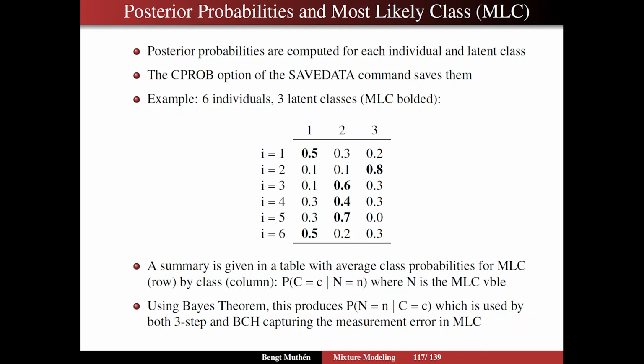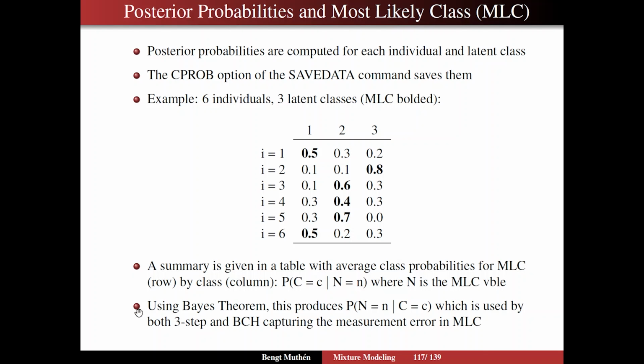So that is the top table of the 3 tables that we showed on slide 39 from the Mplus output. And that top table is just an interim step in the computation of what we really are interested in, the table of n given c instead of c given n.